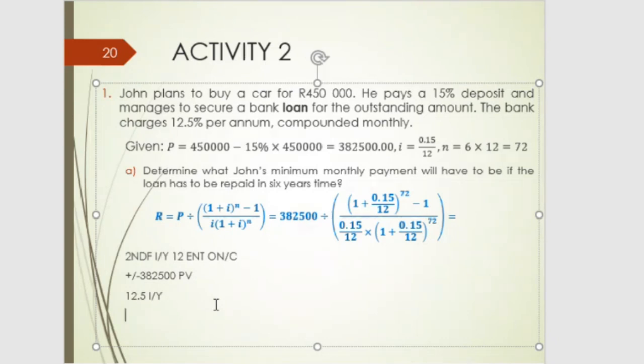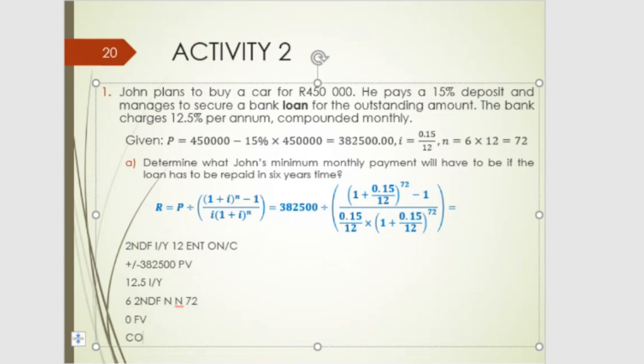We have the number of years, which is 6. Then second function n, so it will give you 72. Then we don't have a future value, we'll say 0. Then FV. Then we need to compute the PMT, which is payments.